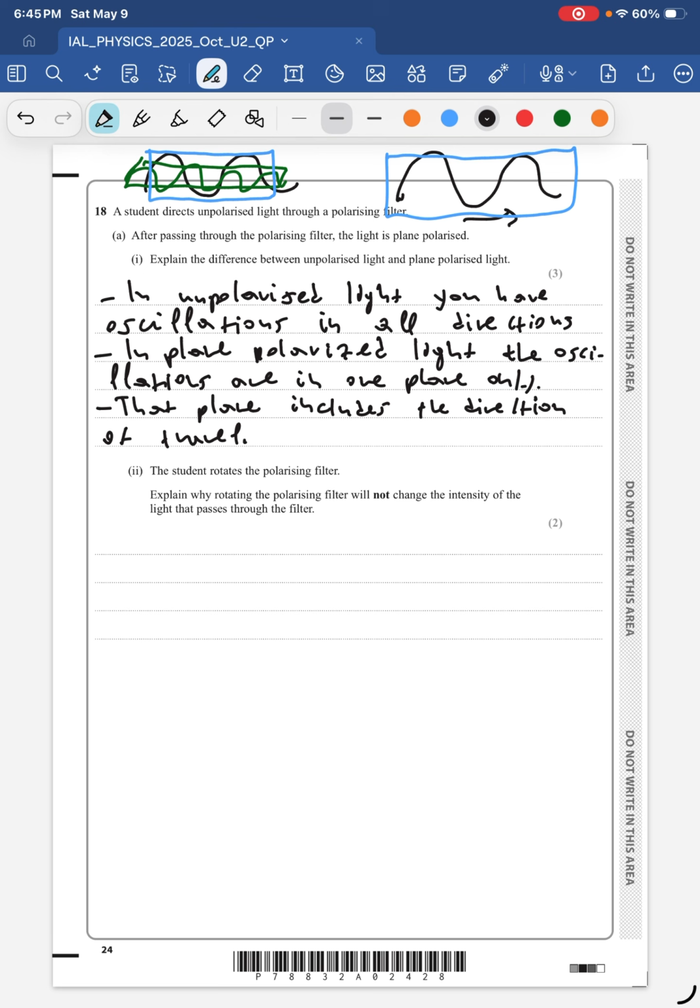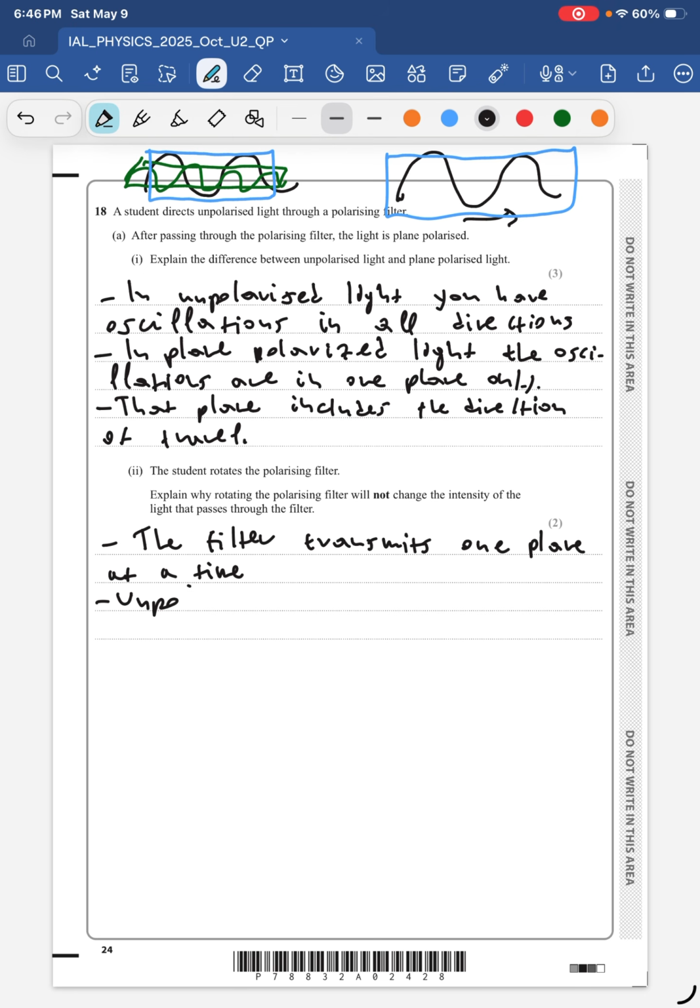Okay. Part 2. The student rotates the polarizing filter. Explain why rotating the polarizing filter will not change the intensity of the light that passes through the filter. So the filter transmits one plane at a time, okay?